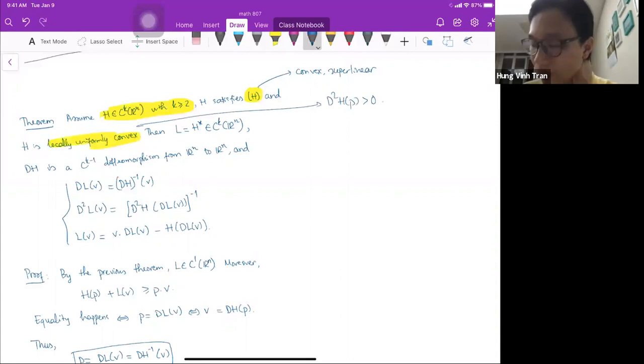Okay, then we have exactly that the properties of h are preserved.